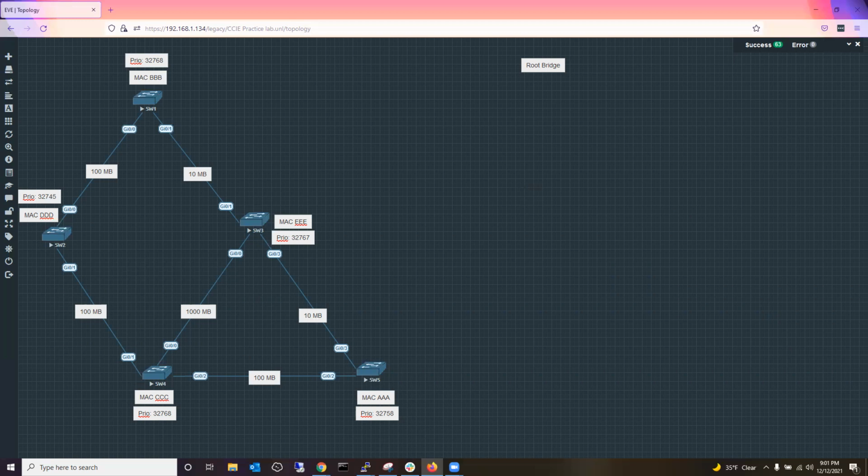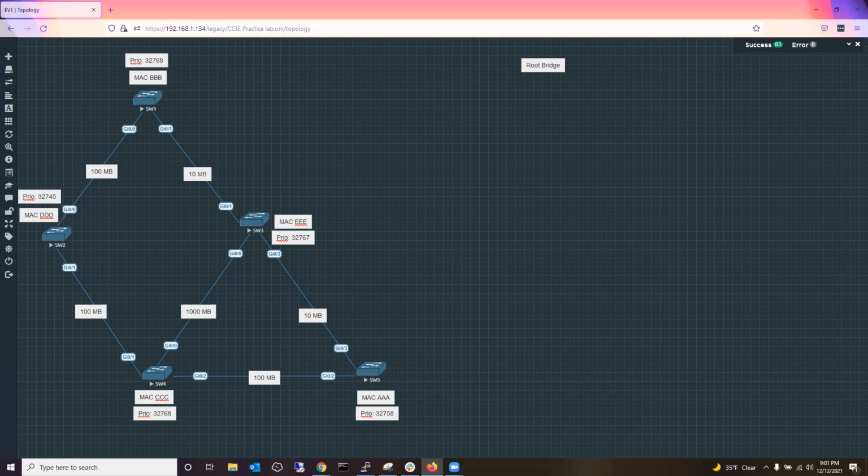Switch 5. Only one VLAN. Switch 5? You said with the lowest MAC address. Lowest MAC address or the bridge ID? Switch 2. Isn't that the election process? No, which one is going to be the root bridge? Remember what the bridge ID is? Oh yeah, the highest bridge. Highest or lowest bridge ID?